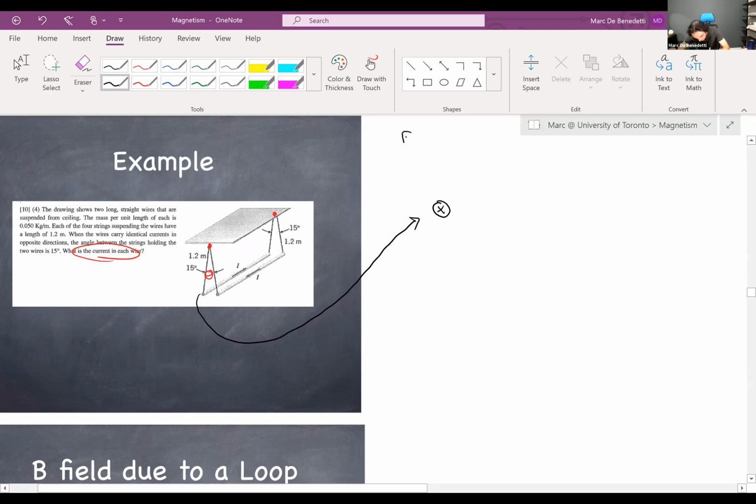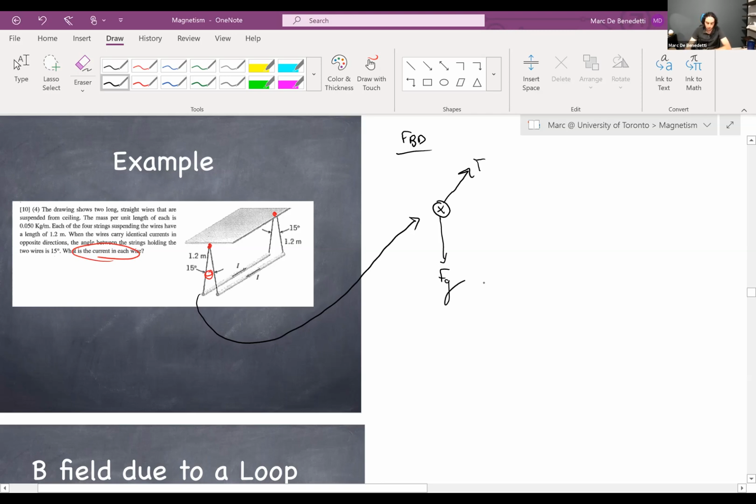Well, let me just label this as a free body diagram. The forces are that the tension is up on a bit of an angle. And I have gravity pulling down on this wire.